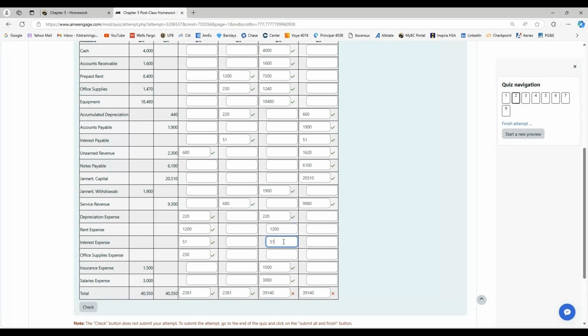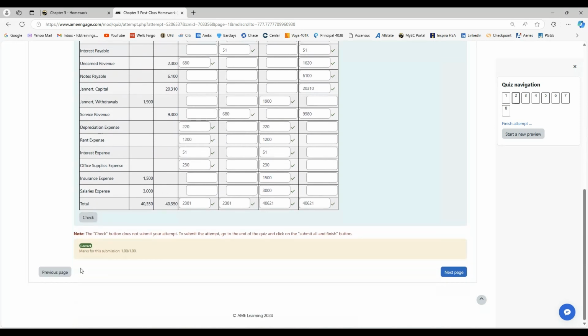I didn't carry these through, right? So remember, you got to carry over all the balances to your adjusted trial balance. Let's try this. 4621. Nice. There we go. Perfect. Should be 1 out of 1. Yep. And that'll be 100% on that problem.